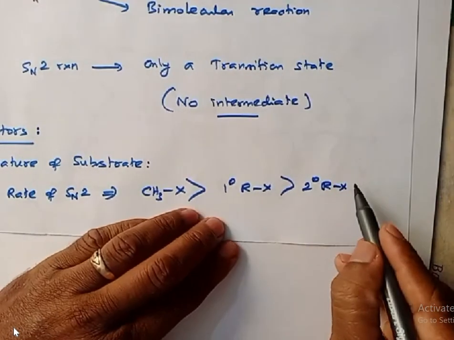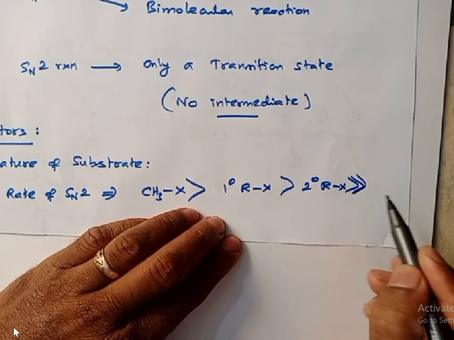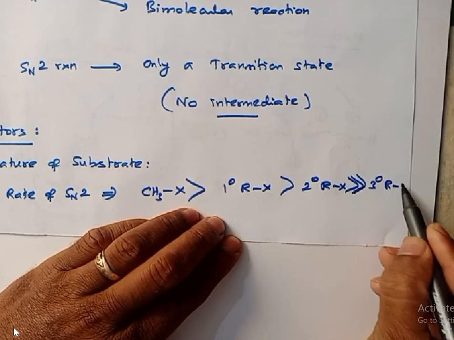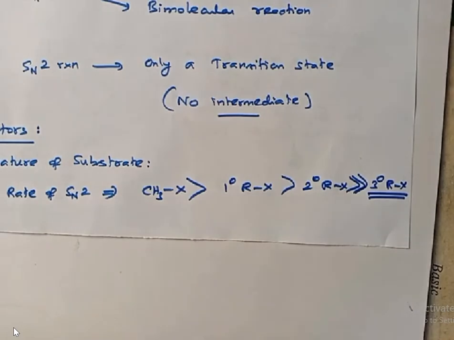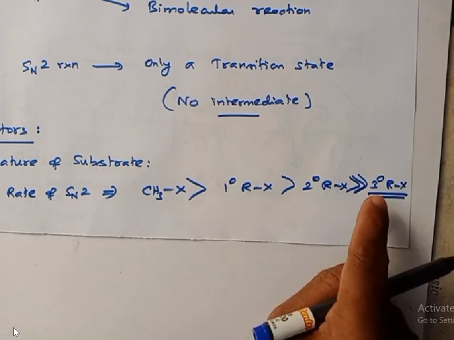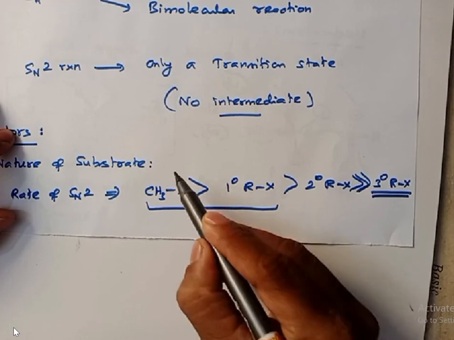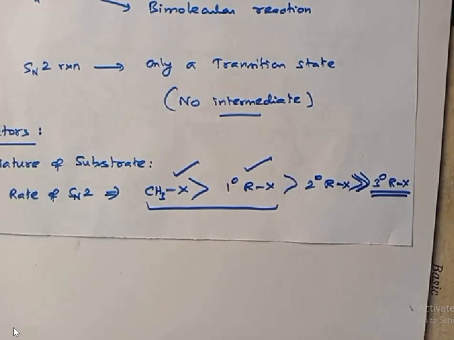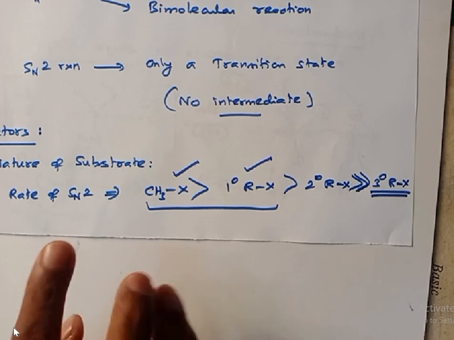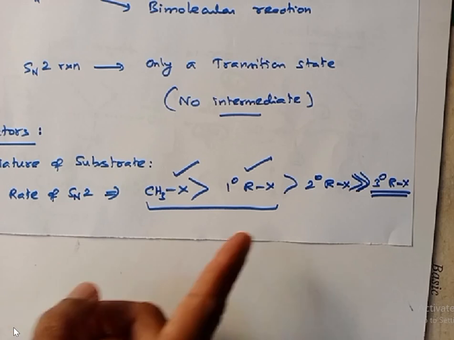Students, observe this carefully. Tertiary halides are a very poor substrate. Normally, we say that SN2 does not occur in tertiary halides. The suitable substrates for SN2 are methyl halide and primary halide. Methyl halides and primary halides are highly preferred for SN2 reaction because the nucleophile can easily approach.